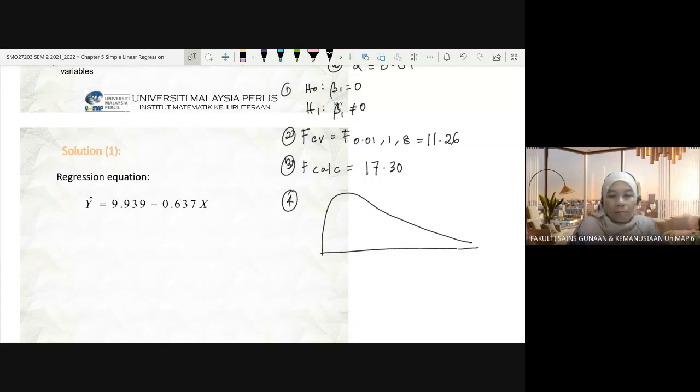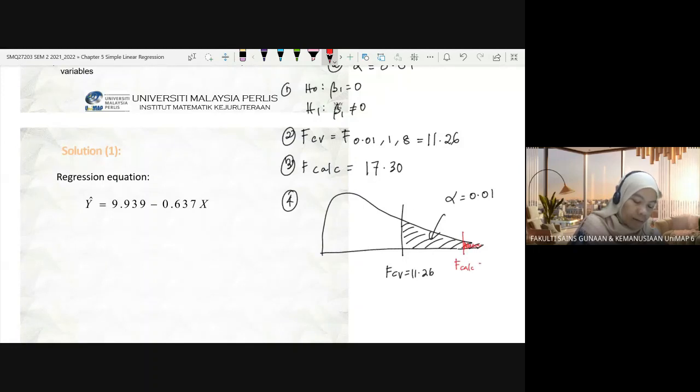So I'm using my FCalc and FCV. My FCV is 11.26, this is my alpha 0.01, and my F calculated is 17.30.